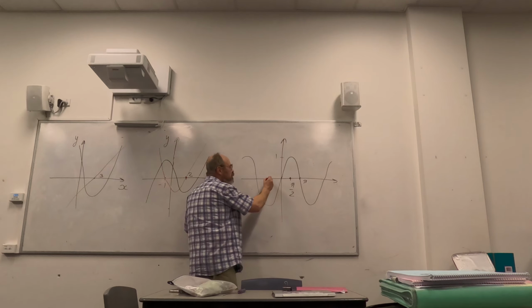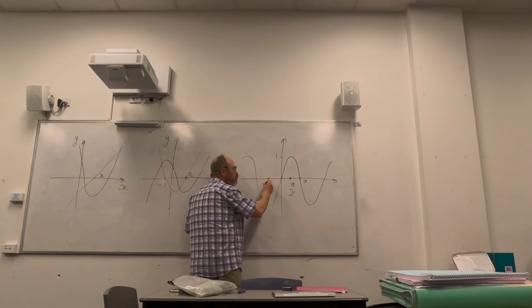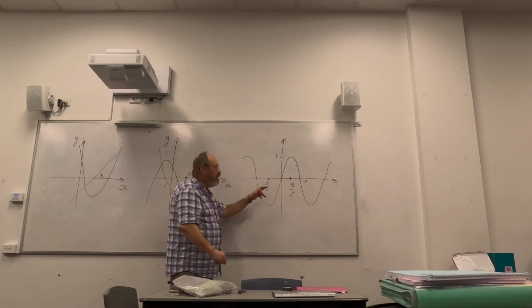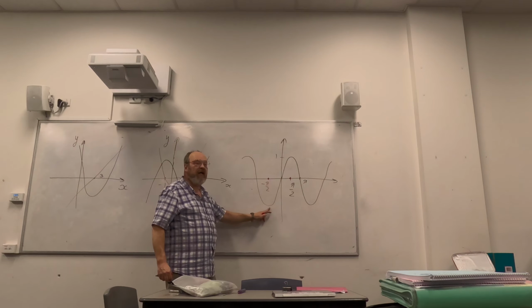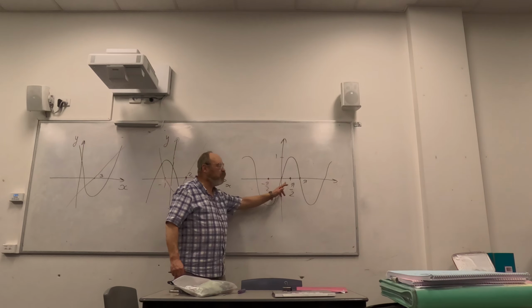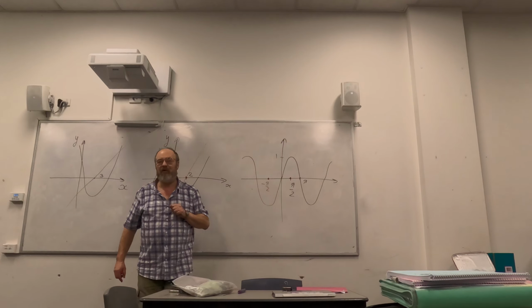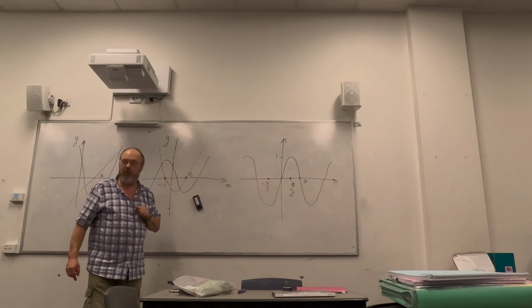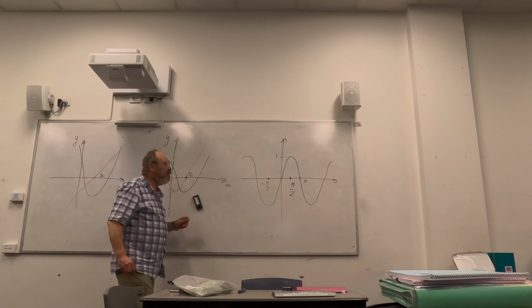Again, it has to be 0 at negative pi on 2. And what is the function doing between minus pi on 2 and pi on 2? Increasing. So the derivative has to be positive.